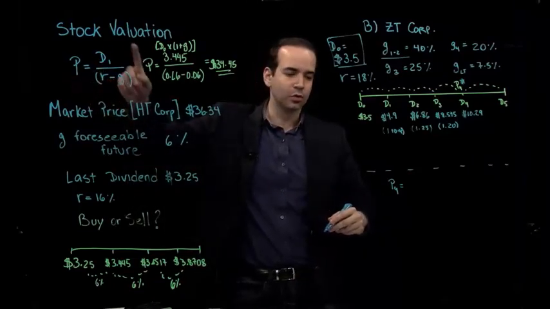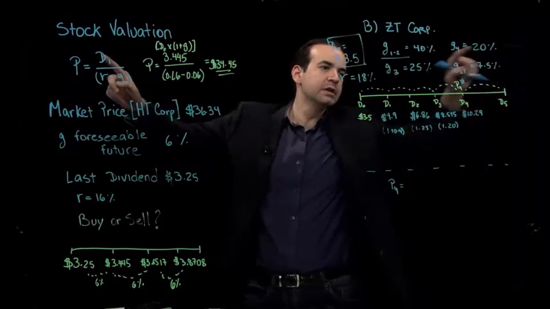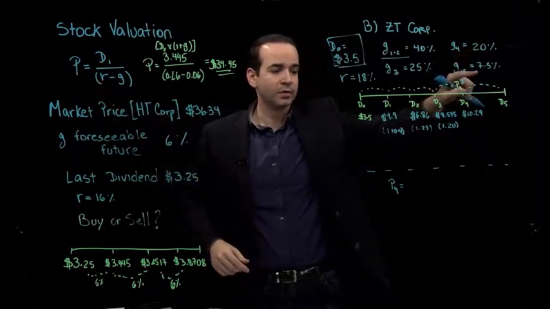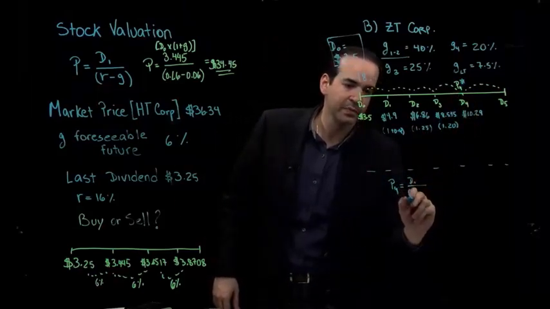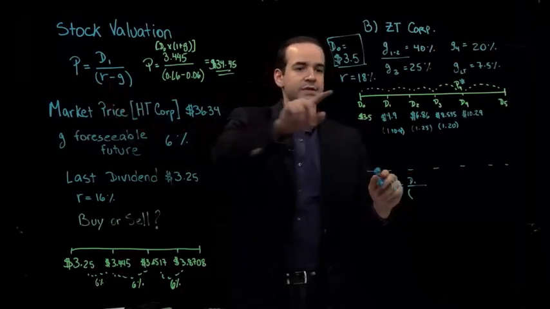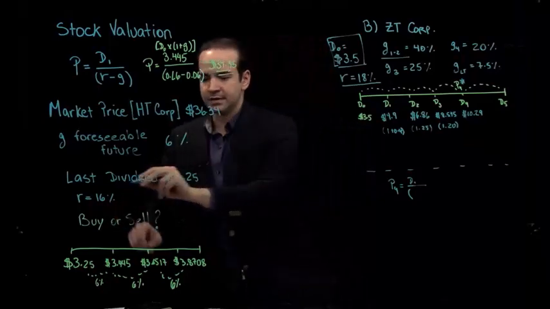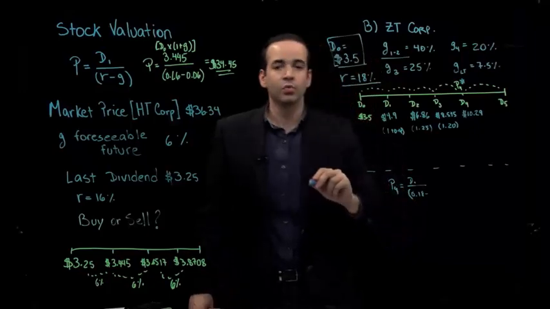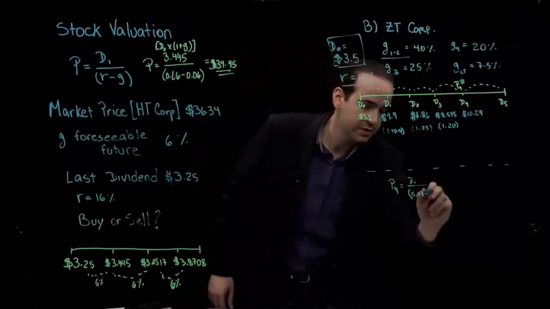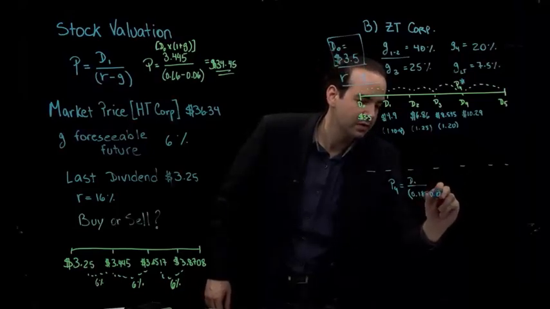So our single formula to get the stock price, now that we know that the company will continue to grow at a constant growth rate of 7.5%, is D1 divided by the required return, which in this case is 18%. It's different from the 16% we saw before. We have 1.18, and then we subtract the growth rate, which now is constant, 0.075.